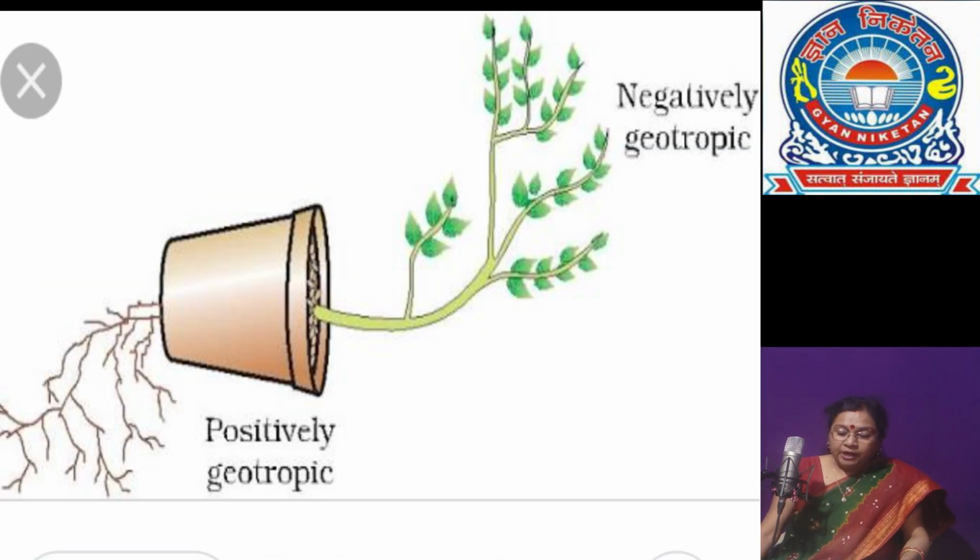That is the downward movement of the root of the plant, which shows response towards gravity, is called geotropism. So, the plant root system shows positive geotropism, and the shoot system of the plant shows negative geotropism. Next type of tropism is chemotropism.